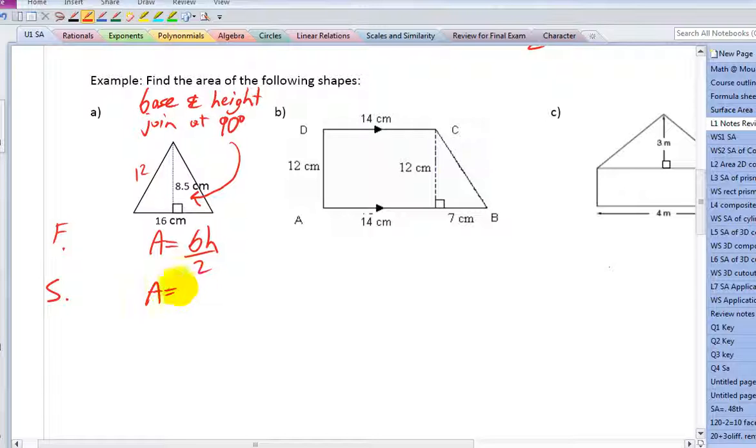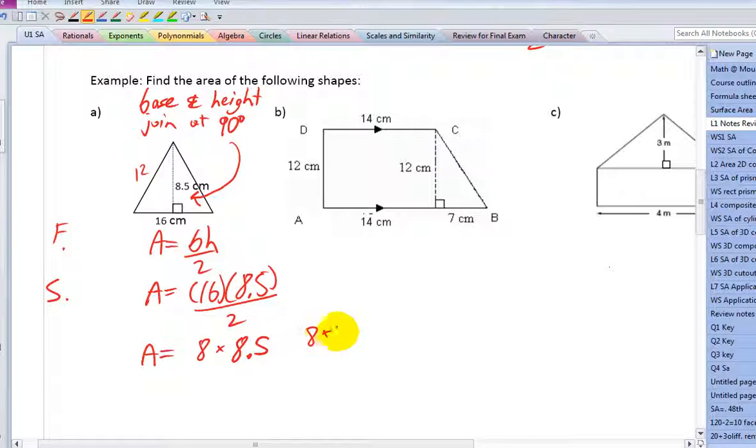Substitute in 16 times 8.5 divided by 2. So what else can we do if we don't want to use a calculator? 8 times 8.5. How did I get this 8? Yep. Yeah, I divided by 2.